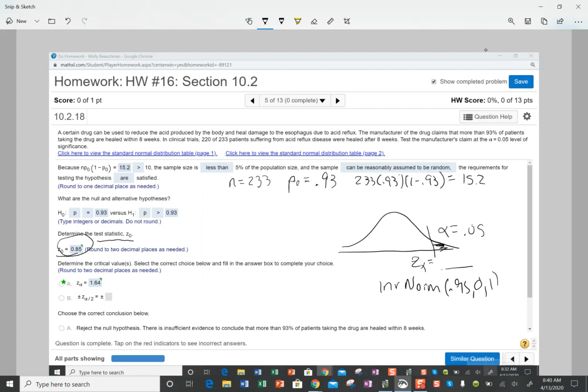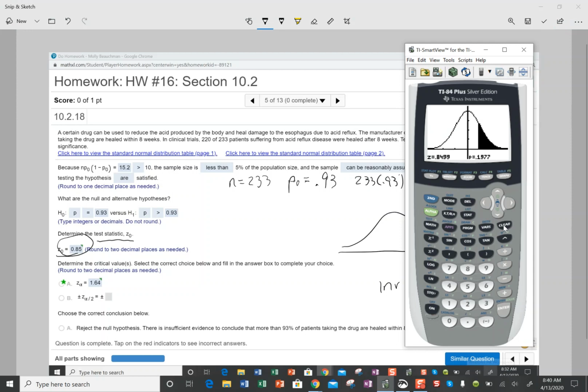It's not something given to you when you run the test, but it's something that you can find. So let's go to distributions. We're looking at inverse norm because we're finding a Z-score that goes with an area. The area is 0.95, the area to the left, because that's how your calculator reads it, even though the tail is 0.05. Mean 0, standard deviation 1. And that's where we get the value of 1.65 for the critical value.